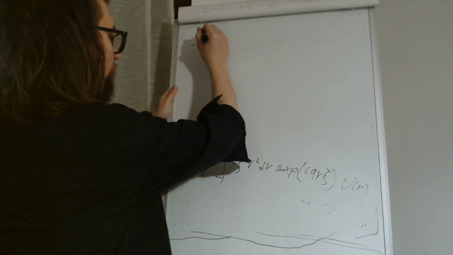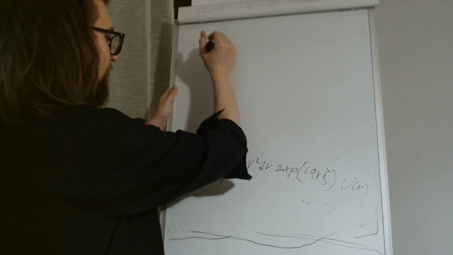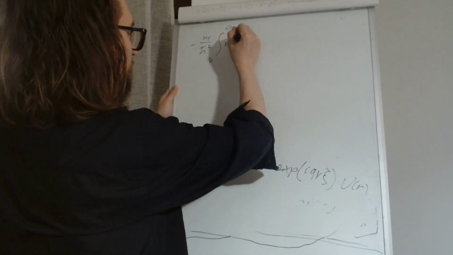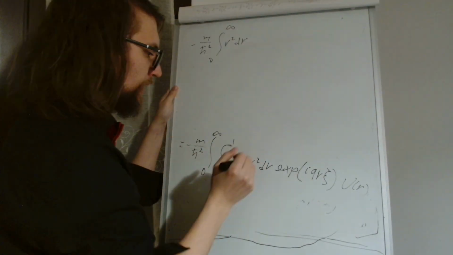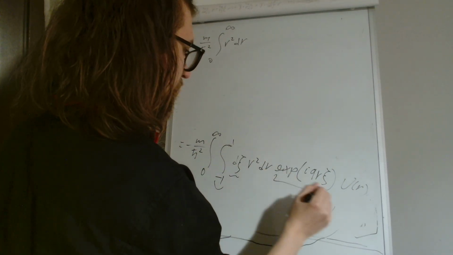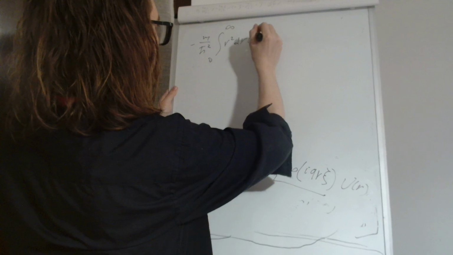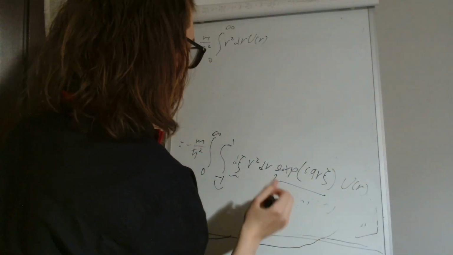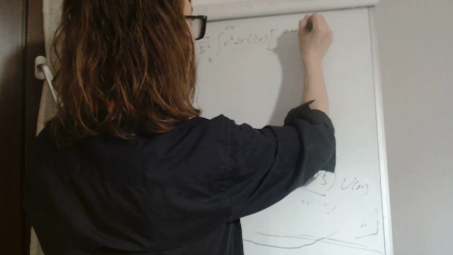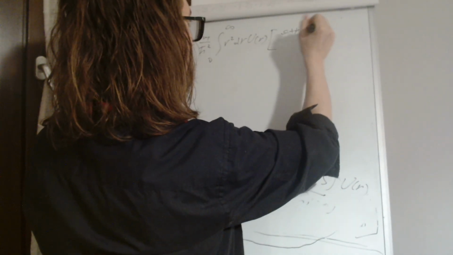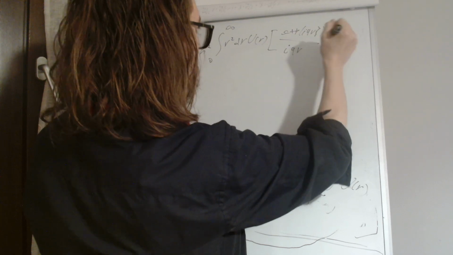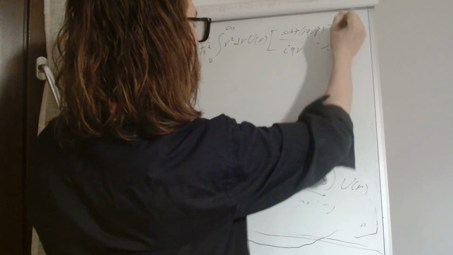We get minus m divided by h bar squared, integral from 0 to infinity of r squared dr, and the integral in dx of this, we also write u of r here. The integral here becomes the exponential of i q r xi divided by i q r, evaluated from minus 1 to 1.